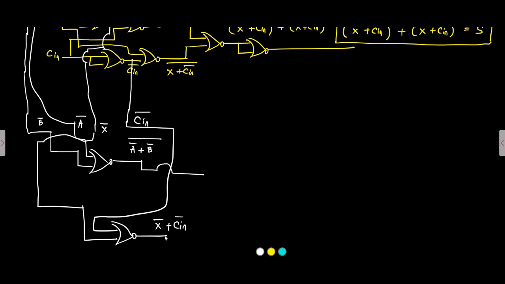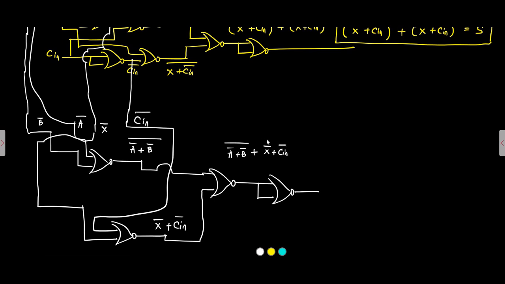Then we'll pass it through another NOR gate, because the output of this will be (A bar or B bar) whole complement or (X bar or C in bar) whole complement, then whole complement.